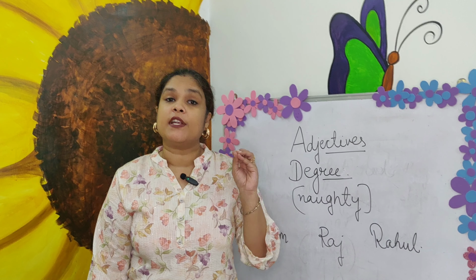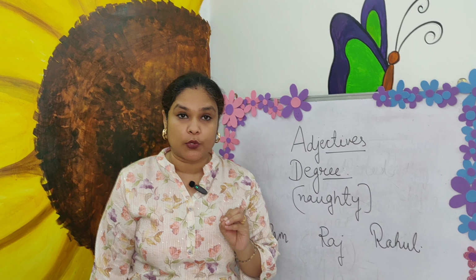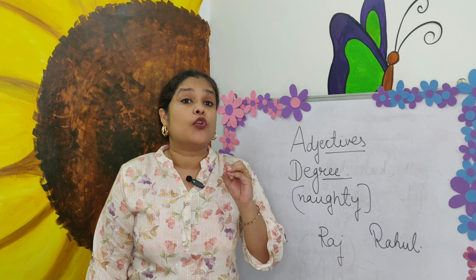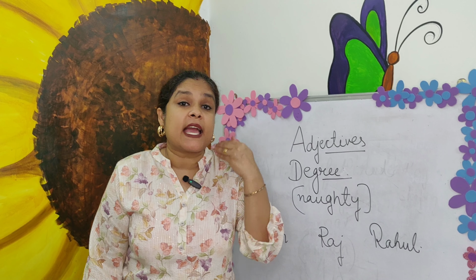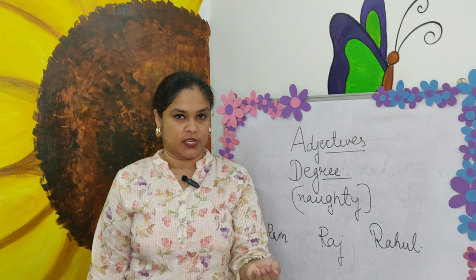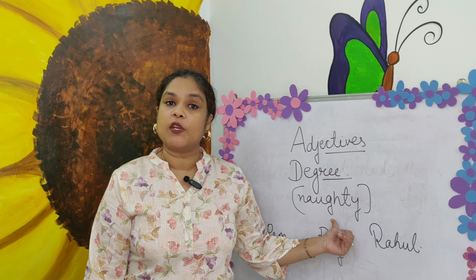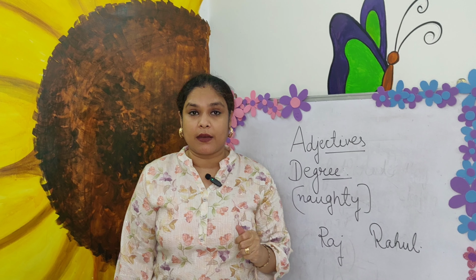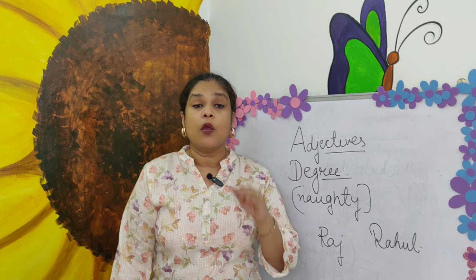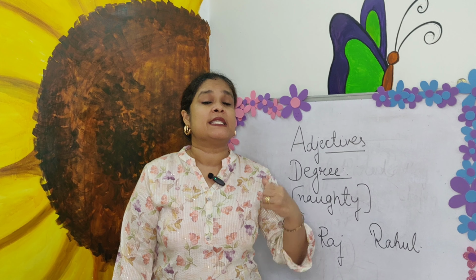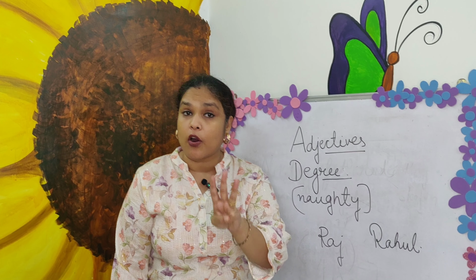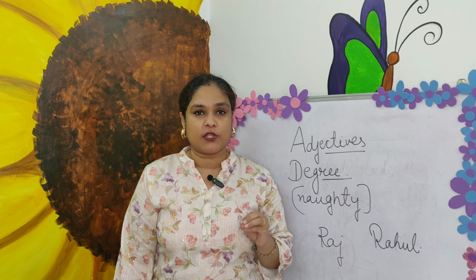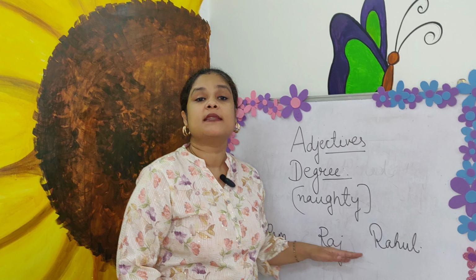So, degree of adjective will help you to define or know the intensities of these adjectives. What is the adjective that we have taken here? Naughty. When we study its degree in 3 forms, it will help us to know the intensity of being naughty in these 3.